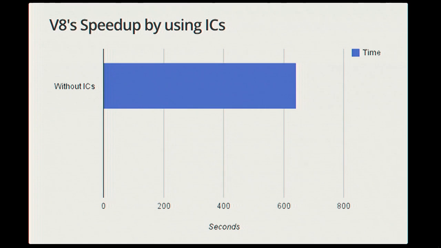Because if you get it wrong, you don't actually get the performance improvement that you should see when using ICs and then later the optimizing compiler. So if you're running the sample code that I showed at the beginning to generate primes without ICs, you get an execution time that's over 600 seconds. When you turn ICs on, without the optimizing compiler on yet, it makes a big difference. So this is about a 20 times speed improvement.